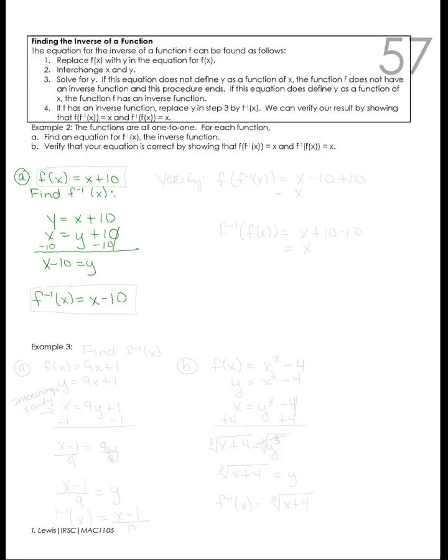Because we're undoing. Okay? Now it's asking us to verify that these two functions, f of x is equal to x plus 10, and f inverse of x equals x minus 10, are inverses of each other. And we can do that.